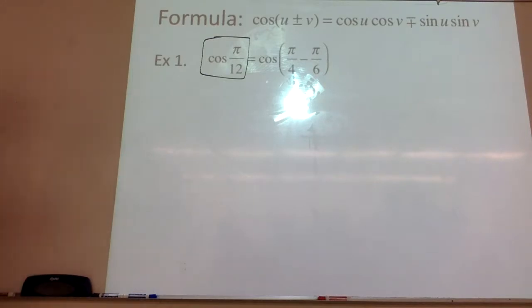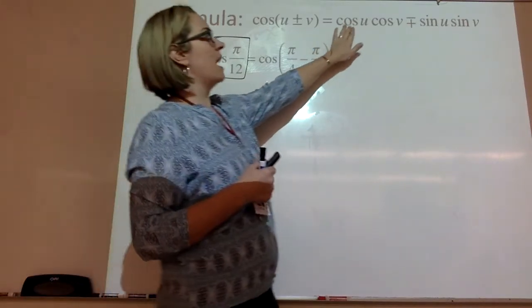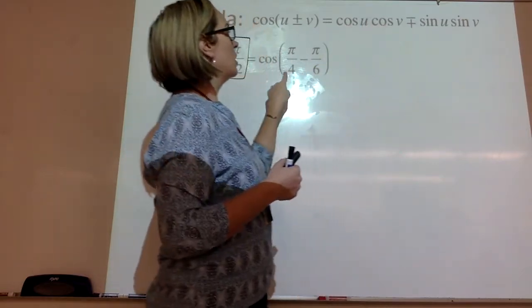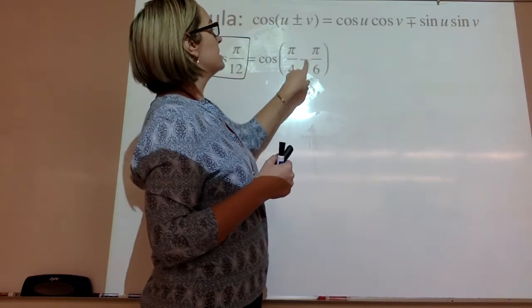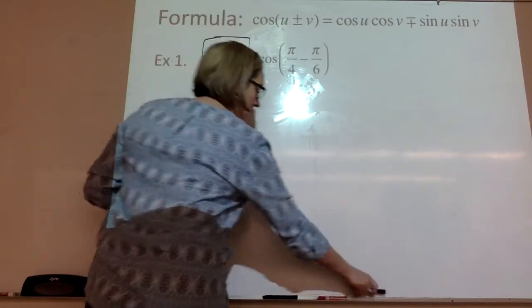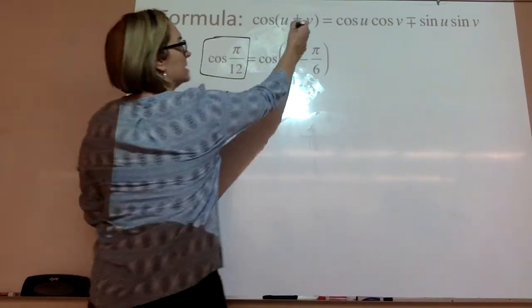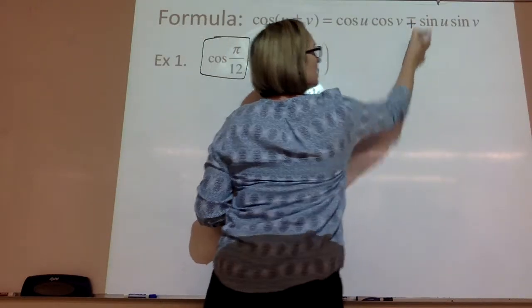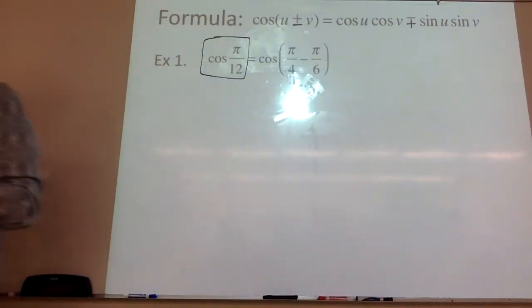If I look at the formula on the right, I'm going to take the cosine of whatever the first value is, multiply it by the cosine of the second, and since I am subtracting, I can go all the way up top and say, okay, look, I'm dealing with all bottom signs. So I'm going to use the 2 purple signs from the formula. I'm not going to use that plus sign I didn't highlight or the minus at the end. You stay in line with your signs.